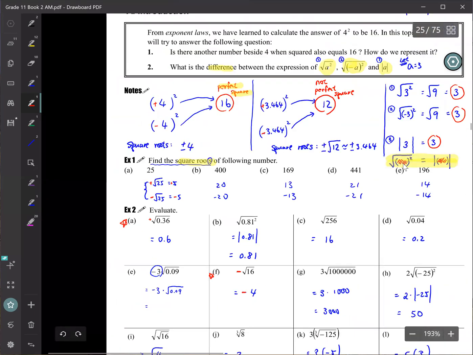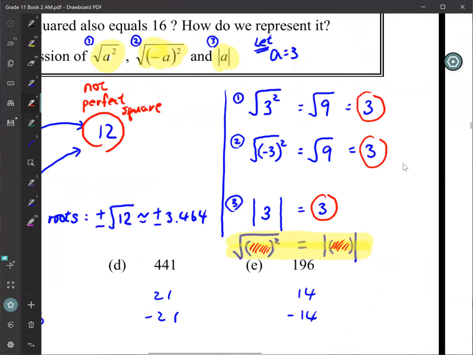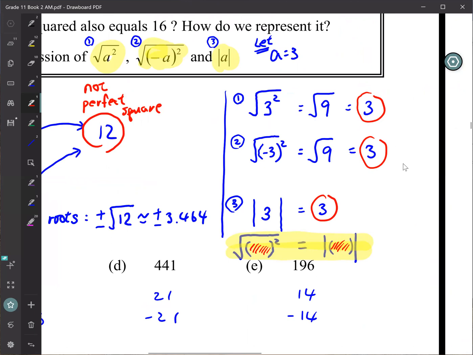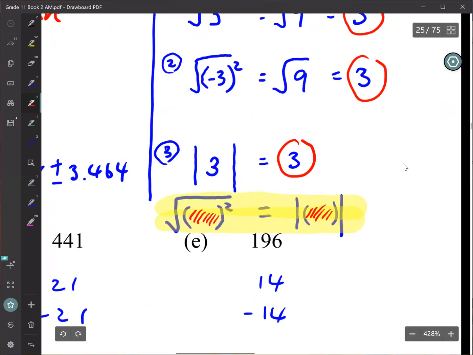And then the next thing is the difference between these three expressions. In fact, they are all the same. The conclusion we reached last time is that when you see a square meets a radical, when they combine together, it does the same as the absolute value.